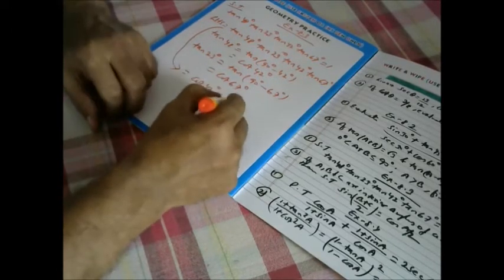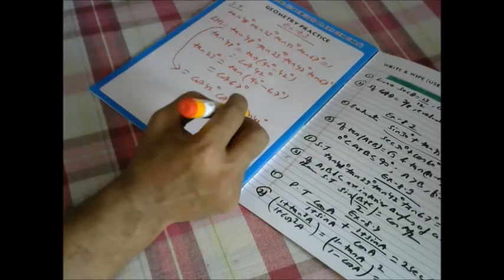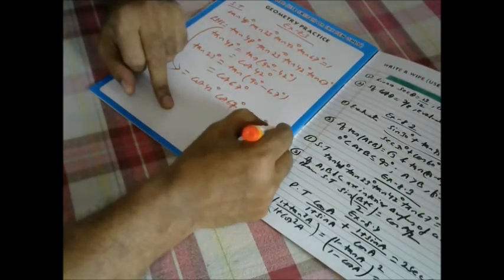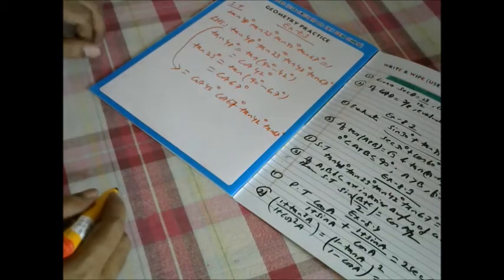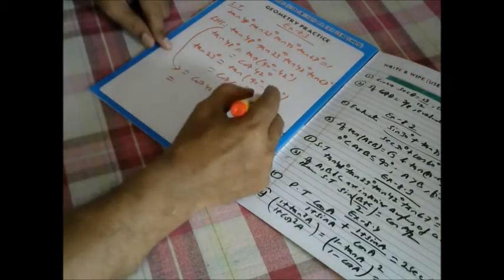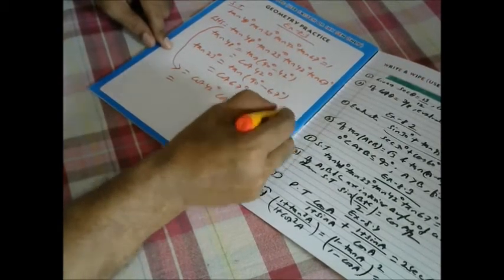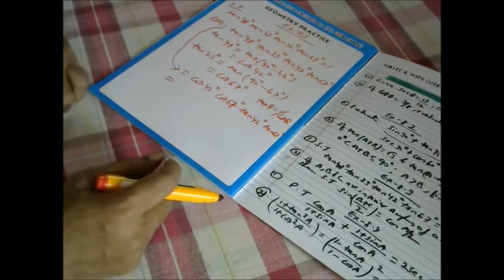Then tan 42 degree we will leave as it is, and tan 67 degree. We know that tan theta is equal to 1 by cot theta, or cot theta is equal to 1 by tan theta.